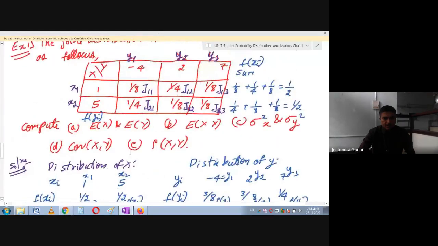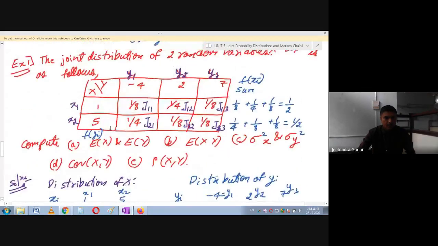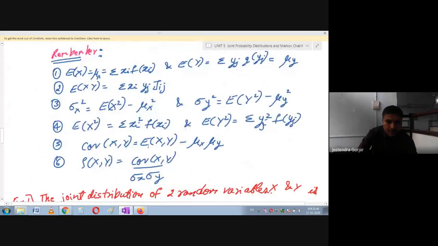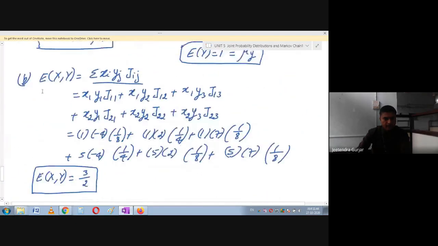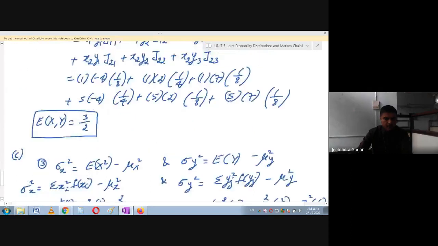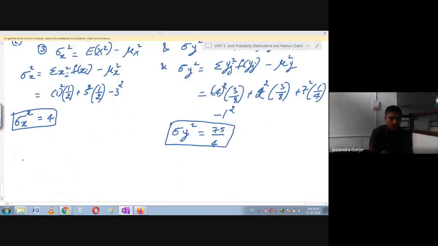What is D? They have given covariance of xy. What is the formula for covariance of xy? It is expectation of xy minus mu x into mu y. So I think expectation of xy you have calculated. Expectation of xy is 33 divided by 2. So I'm going to go for the D1, that is covariance of xy, which is equal to expectation of x comma y minus mu x into mu y.